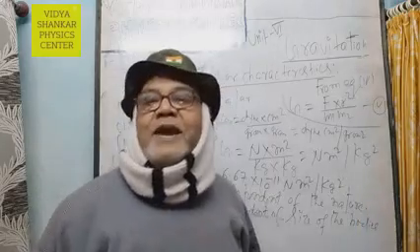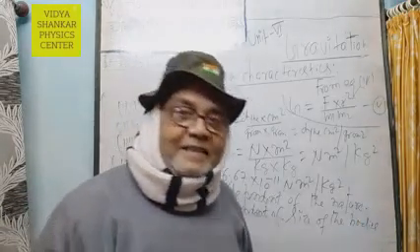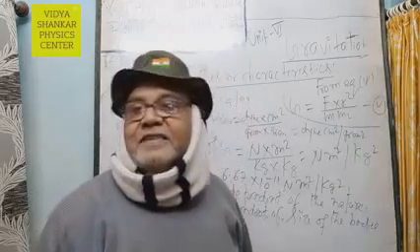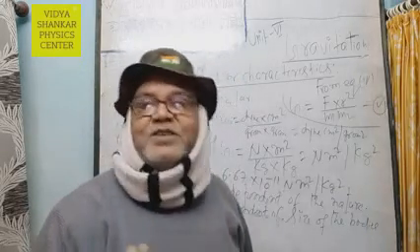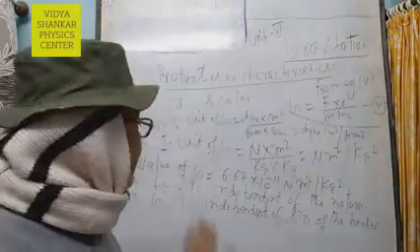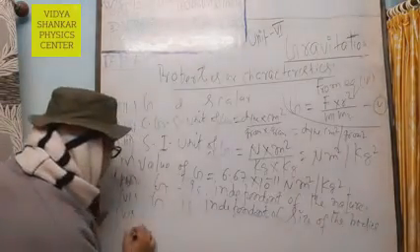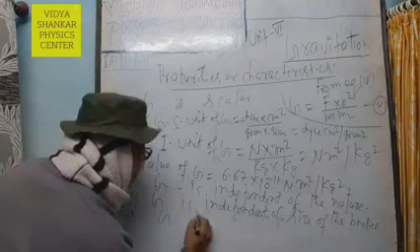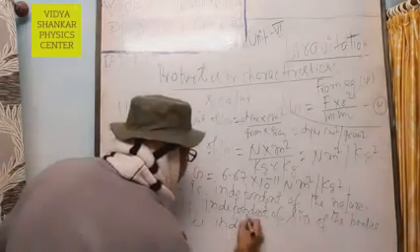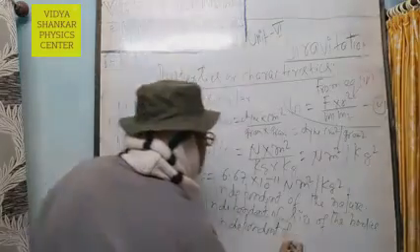Size of the sun, size of the moon, size of the earth does not matter. Capital G is always constant because it doesn't depend on the size of the body. Seventh, capital G is independent of the medium.